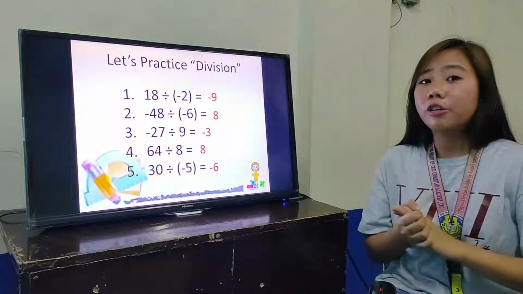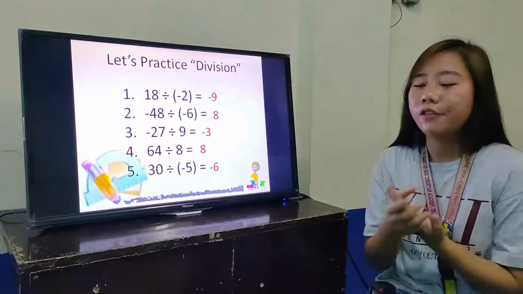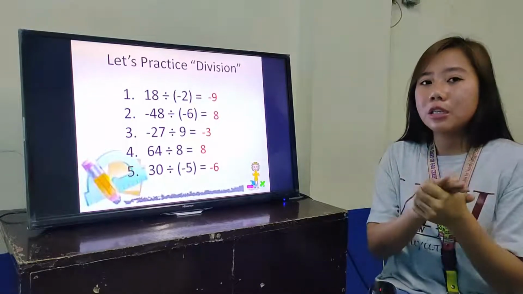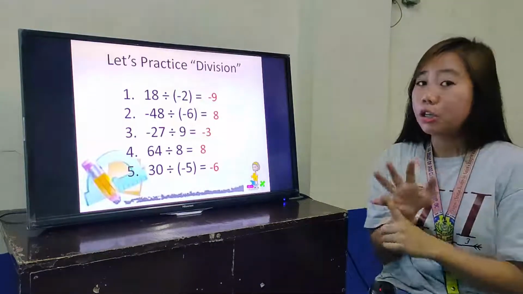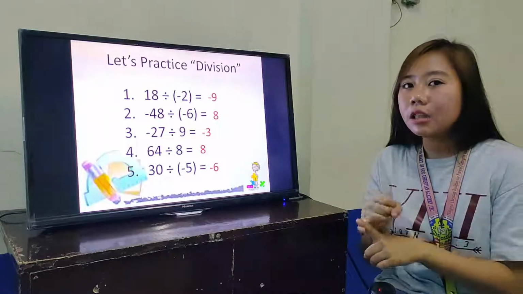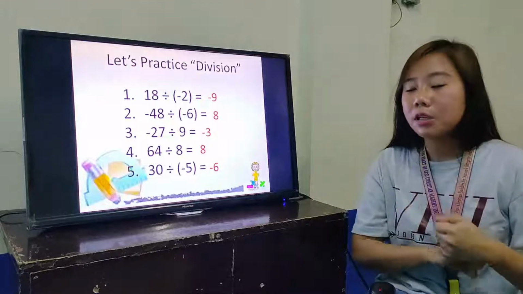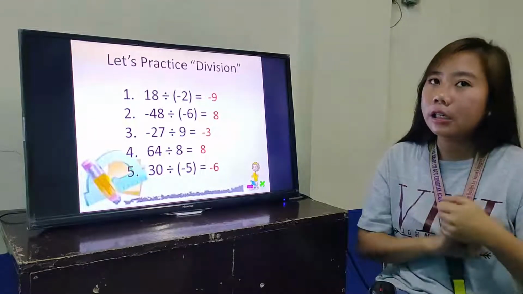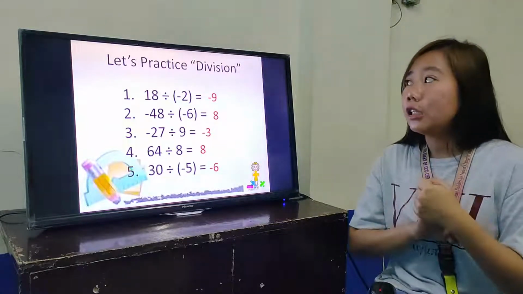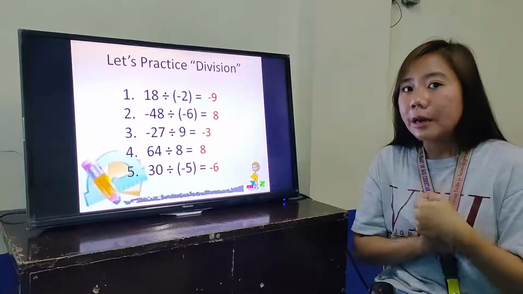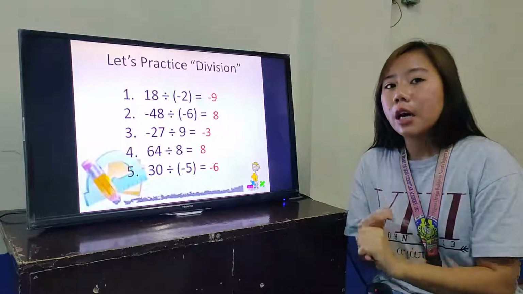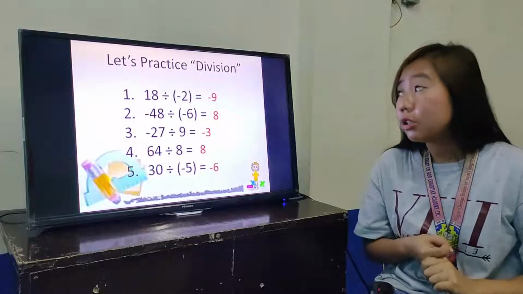So we finished already the 4 basic operations of integers. So those 4 operations are addition, subtraction, multiplication, and division. So in adding integers, we considered 3 steps or 3 rules in getting the sum of integers. And for subtracting integers, we considered 3 steps in getting the difference of integers.